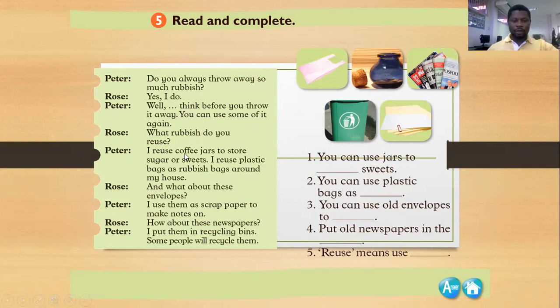I reuse coffee jars to store sugar or sweets. I reuse plastic bags as rubbish bags around my house. And what about these envelopes?